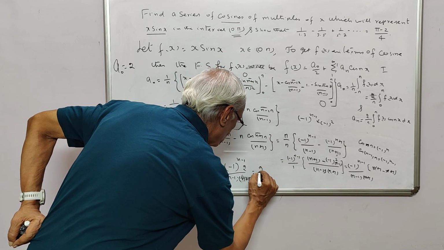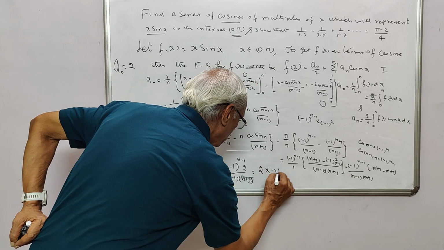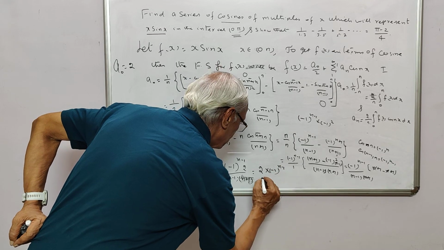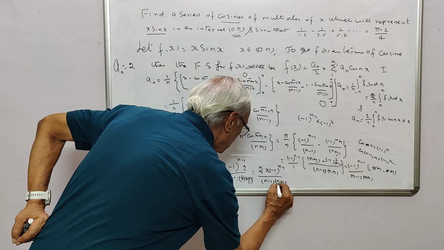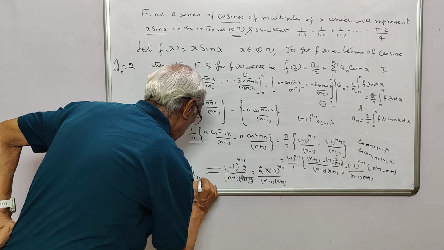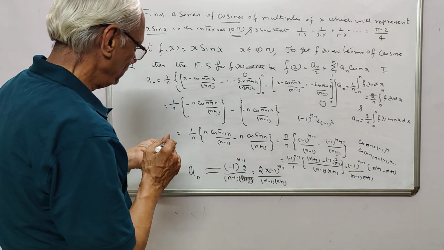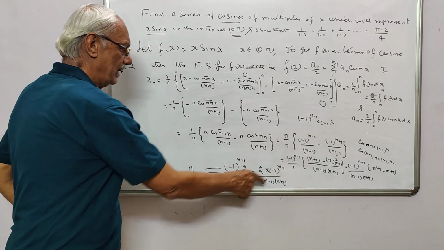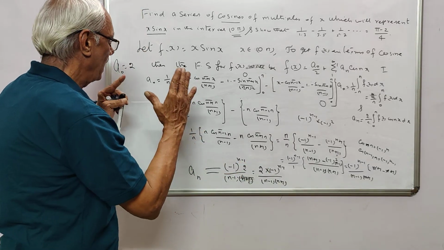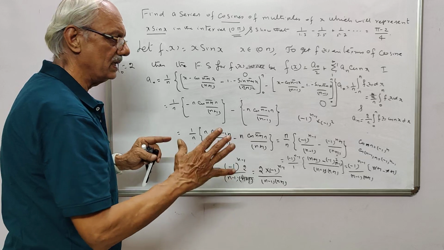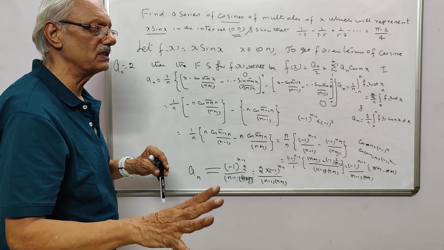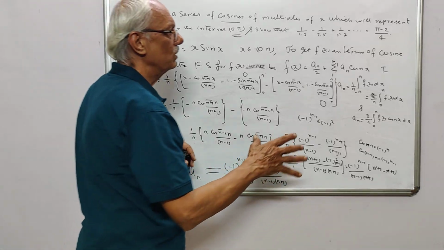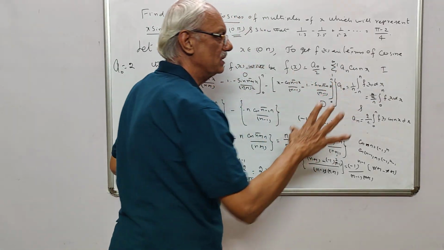So your 2 into minus n to the power of n minus 1. Okay, so you see that this is the value that I get here. So I have got the value of A0 and An. My problem is almost over. I can write the Fourier series. So you are done finding the Fourier series.